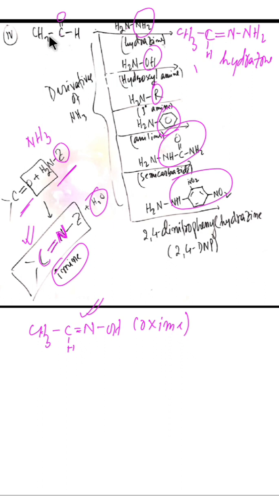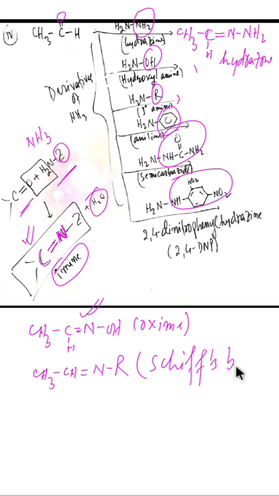And when an aldehyde is reacted with a primary amine, then the product will be, let me write here, CH3CH double bond N, to this the alkyl group will be attached, methyl, ethyl, phenyl, so let me represent it by R. So such a compound will be called Schiff's base. Okay, product of this one. And similar is the product with aniline also. Okay, I am not writing the product of aniline.